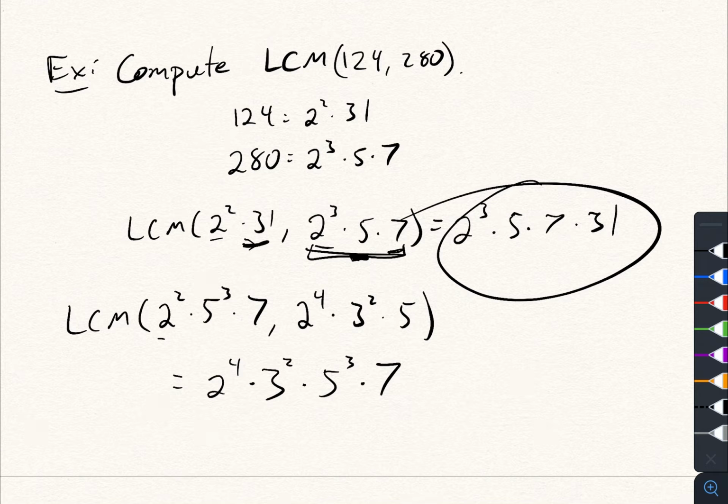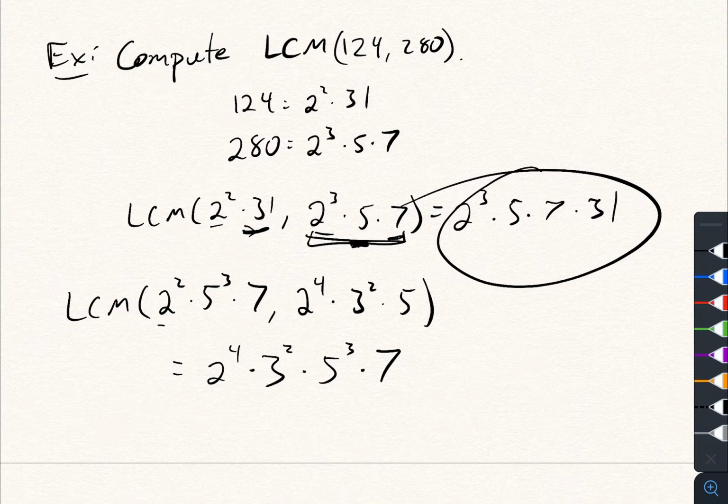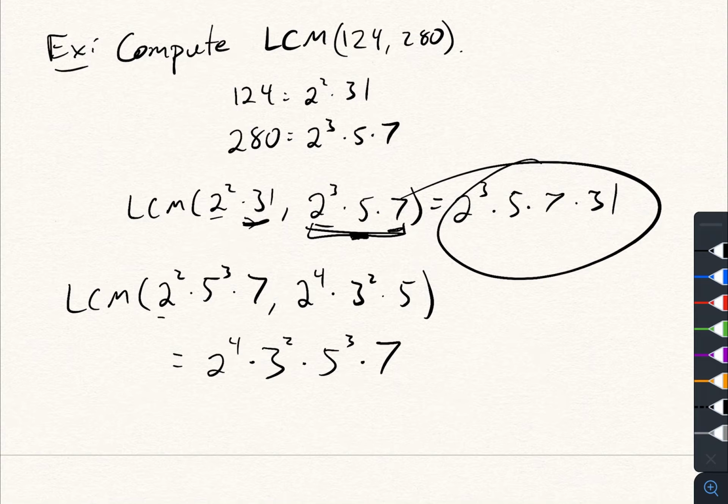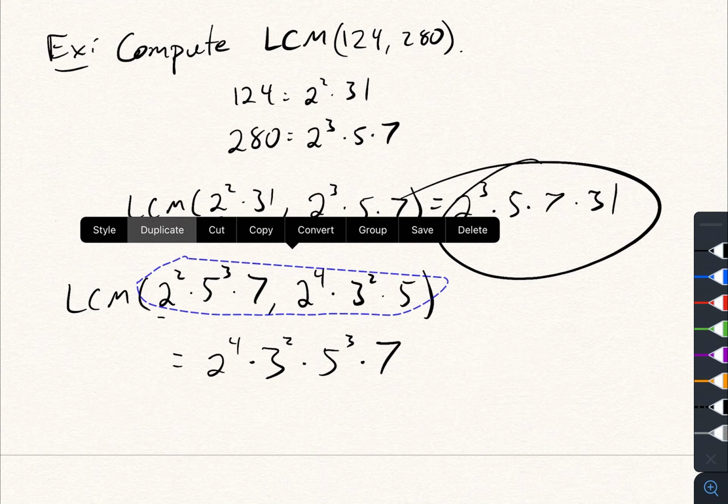So you can really just look at all the prime factors between the two numbers and pick the larger exponent for each of the prime factors, and make sure that you're not missing any of the prime factors. This is very similar to what we did when we were doing the GCD of prime factorizations.